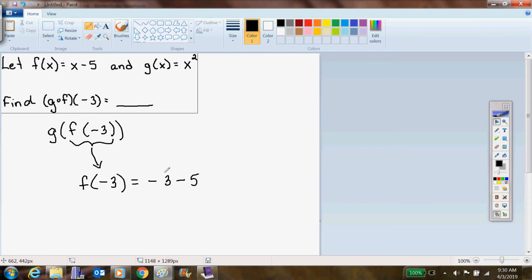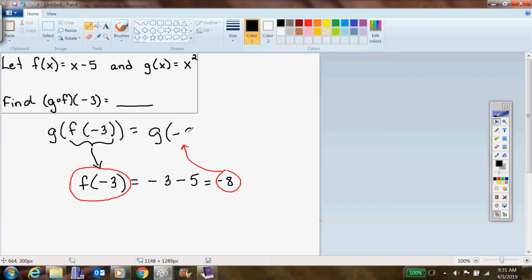Does everybody see where I got this from? Okay, I saw the head shake, so right up here, f of x is x minus 5, so f of -3 would be -3 minus 5. So we simplify that, and that becomes -8. So what we're then doing is evaluating g of this f of -3, which came out to be -8, and it goes right in here.